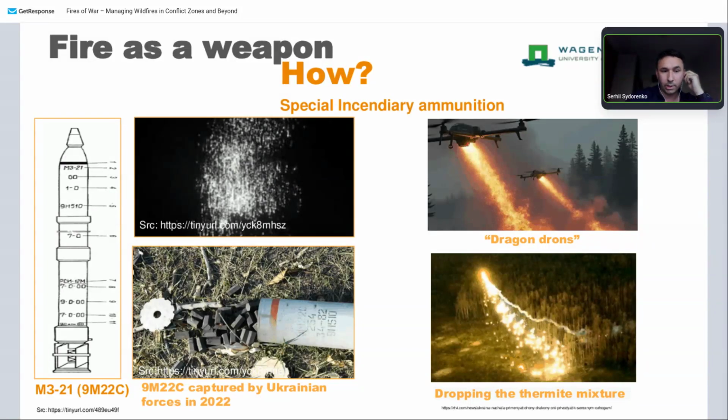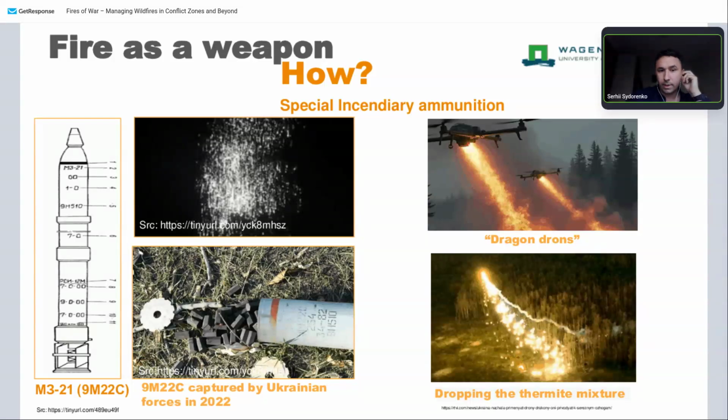One type of this ammunition you see here on the screen is the M321. It is ammunition for reactive missile systems, and it was widely used in the eastern part of Ukraine. And when our forces liberated the Kharkiv region from Russians, they captured a lot of this ammunition.